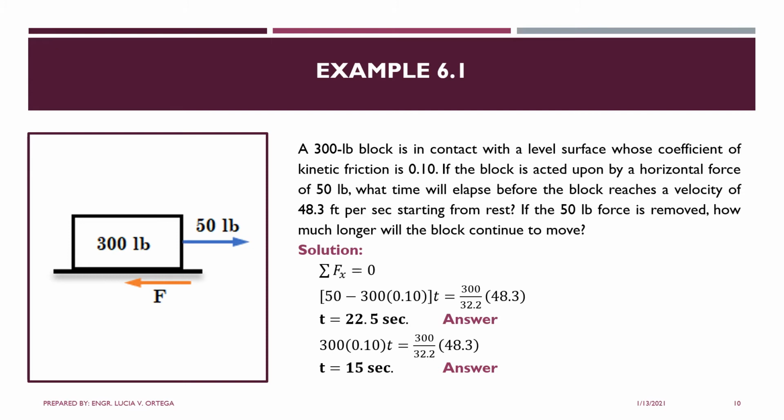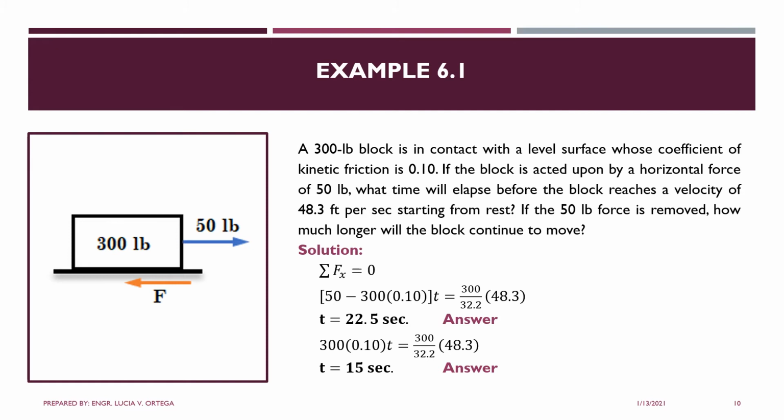So the body already has 48.3 feet per second. After attaining this velocity, you remove the force. So what will happen? What is now the only force acting on the body? That is the frictional force. So the frictional force times time is equal to mass W over G times velocity.